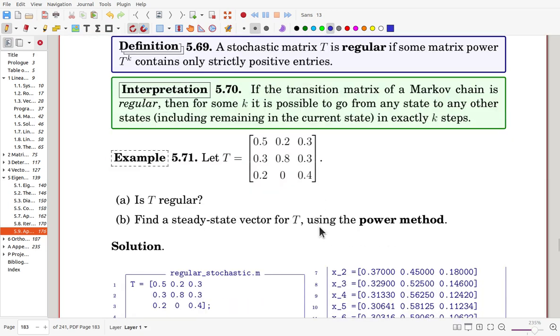See this example. T is given in this way. One of the entries is 0, so at this moment, we don't know if it is regular. We have to multiply this matrix several times, and if every entry becomes positive, then we can say it is regular. And find a steady-state vector for T using the power method.